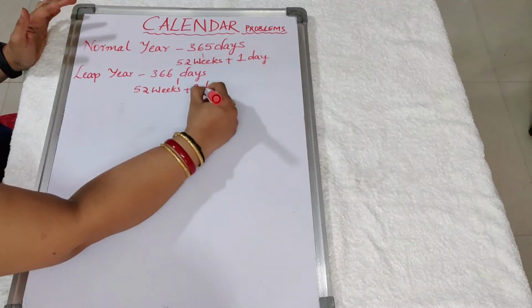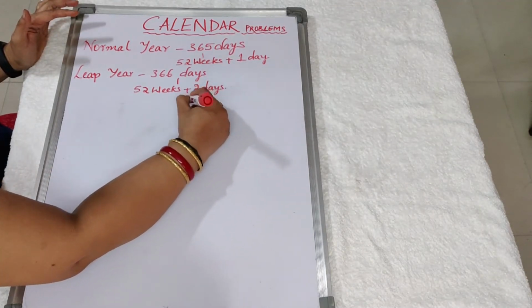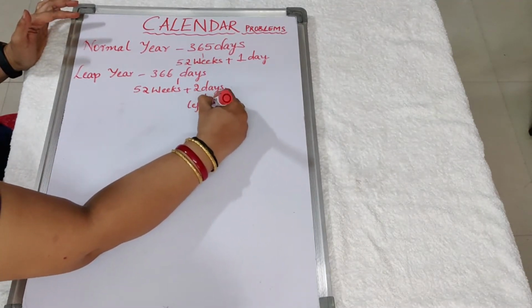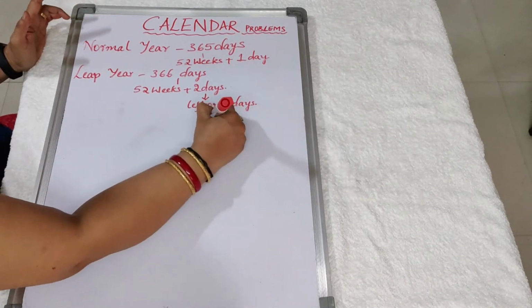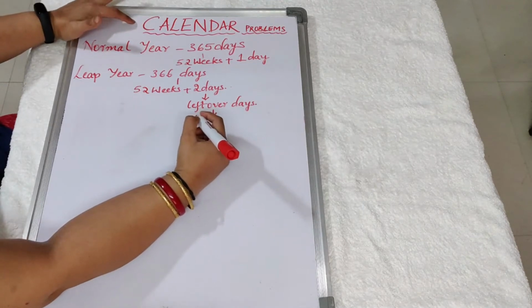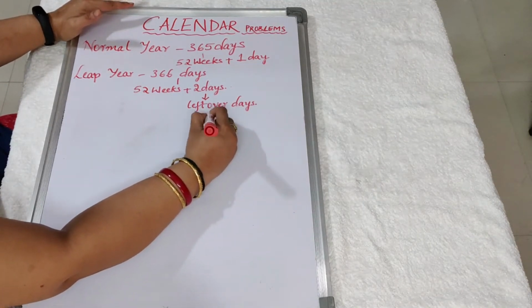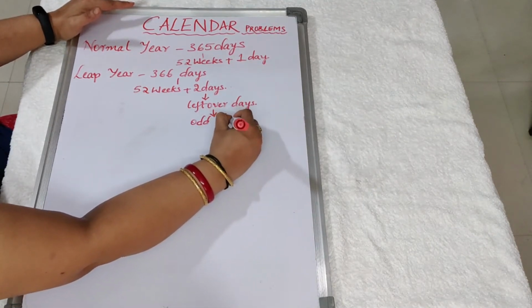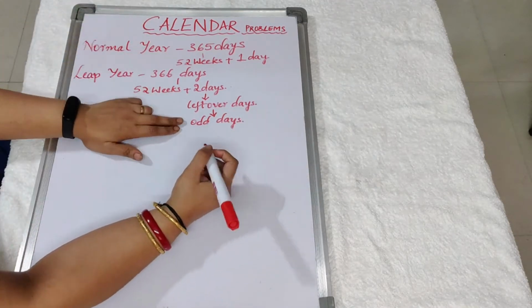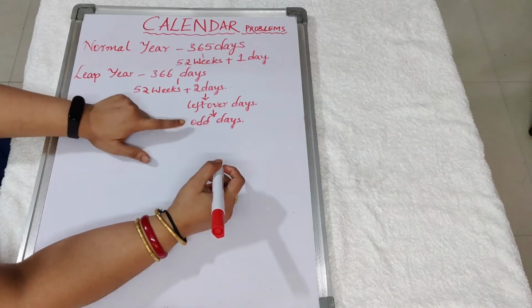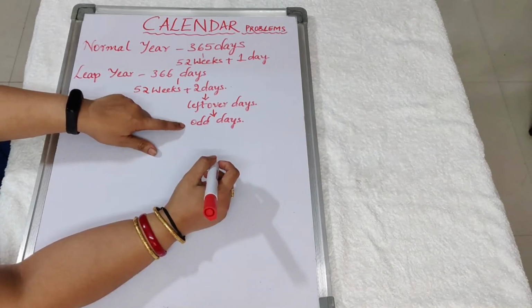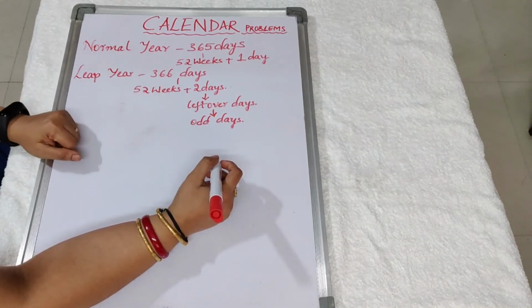These are nothing but the leftover days. And these leftover days in the calendar concept are known as odd days. These are not odd and even kind of odd days; these are the extra days that are left over. So we call them odd days hereafter.